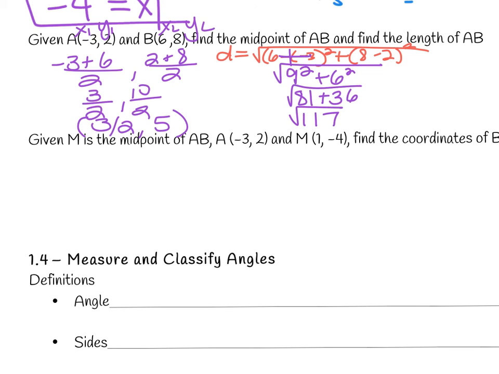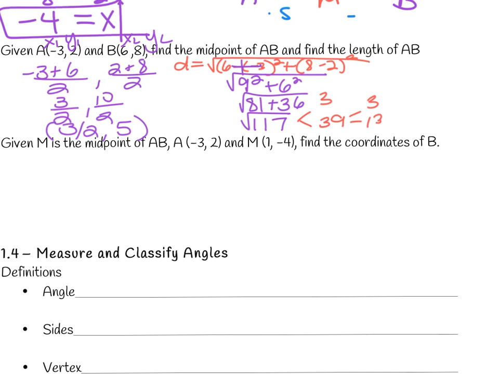And then I would see if I could break that down. This is actually divisible by 3, it'd be 3 and 39, which is 3 and 13, and that's prime. So the 3 can come out to the front because there's a pair of 3's, and I would get 3 root 13.